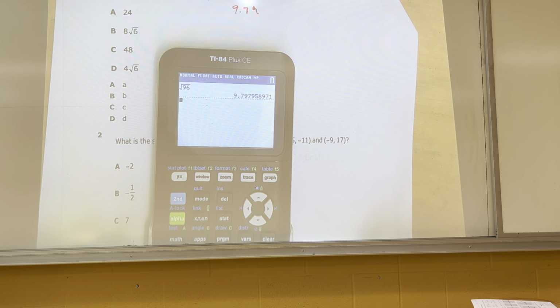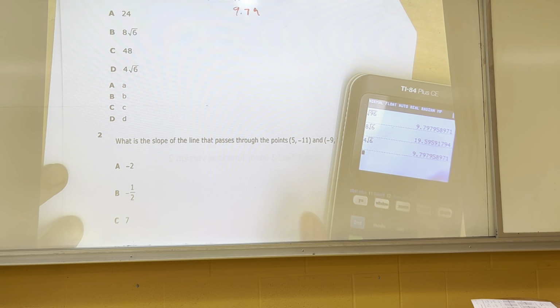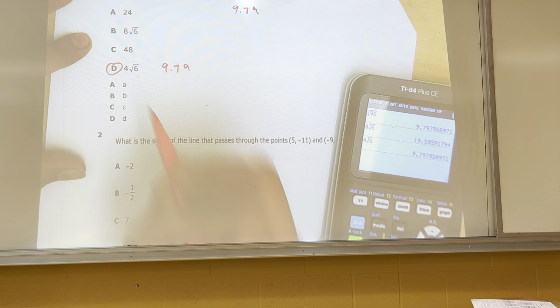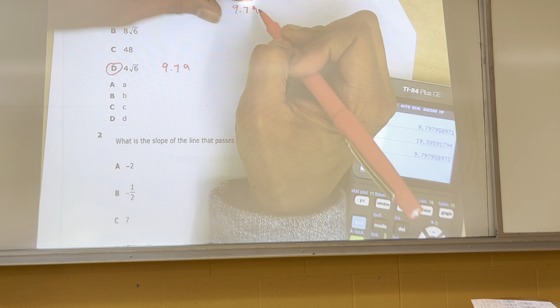I don't really remember the answer. That's probably 4 parentheses 6.8. Let's try that one. That's definitely not it. It's probably this one here. There we go. Same one. So this is also 9.79. So he says D. That's okay, right?